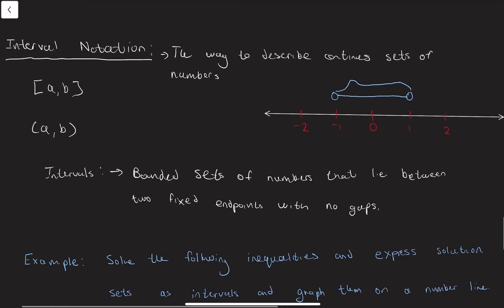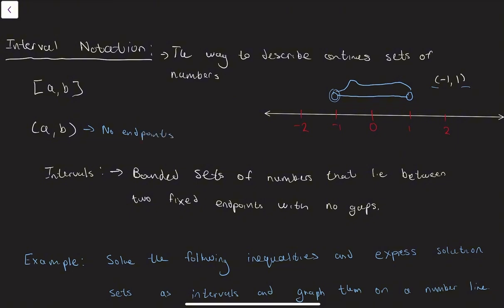This is known as an open interval, written as -1 to 1 with round brackets. This is because the little open circle means we're not including the endpoints, so we use round brackets. No endpoints.